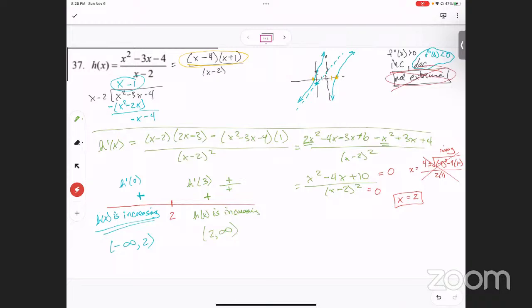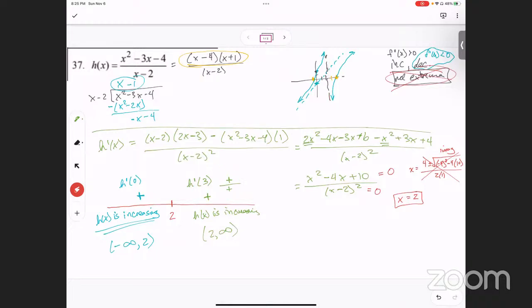But if they asked you what's the concavity, the way you would go about that is you would take the derivative of this, which means you're finding the double derivative, right? h double prime of x. And then you would do the same analysis, real number line analysis, for any points that you found. And the points would be the same. You would have still just found the point of 2. So all you'd have to do is plug in something to the left of 2 and to the right of 2.